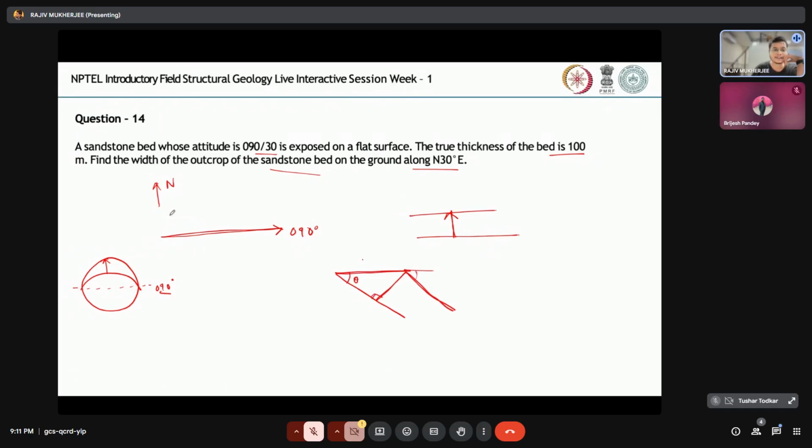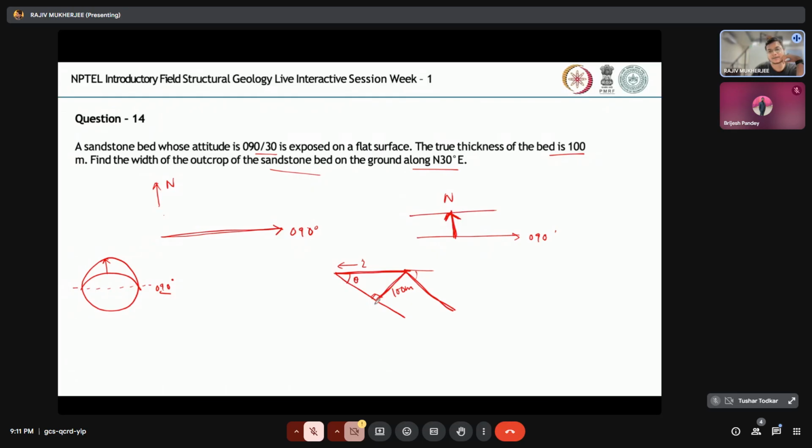So say for example, this is the strike line 090. First we need to find the apparent thickness along this direction, right? We have to calculate the apparent thickness of the bed which is exposed along the north, right?